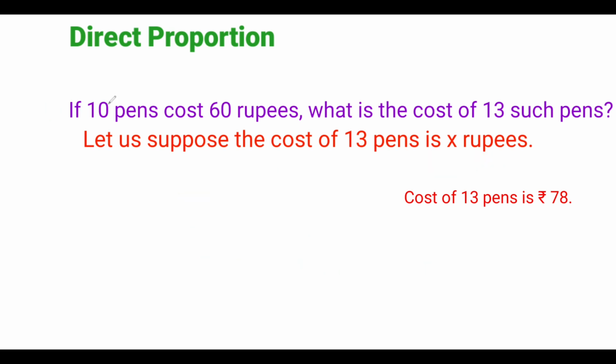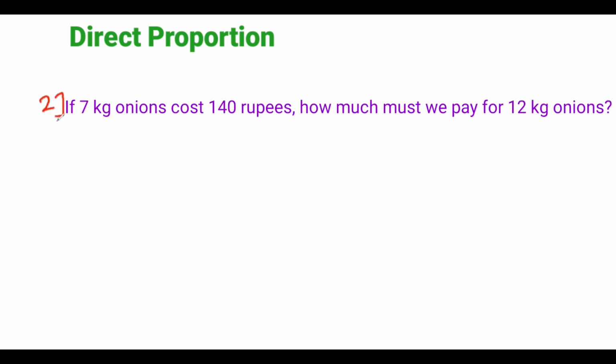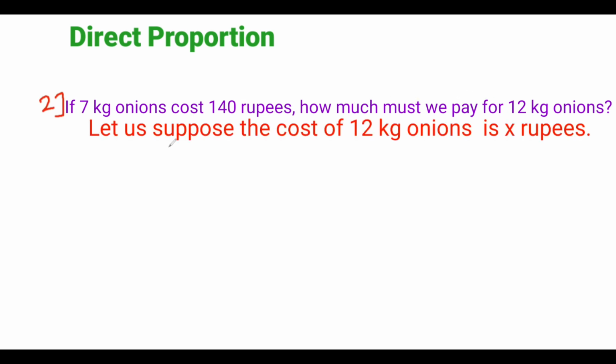Also we take another example. Look at here. This is the second example. If 7 kg of onions cost 140 rupees, how much cost we pay for 12 kilogram onions? Okay, let's consider cost of 12 kg is x rupees.